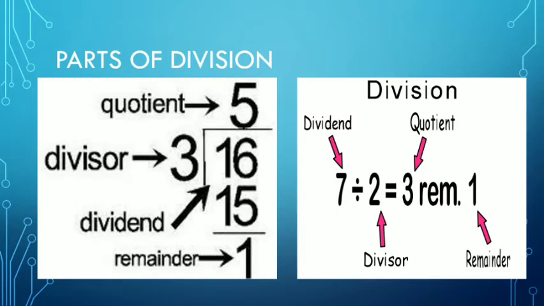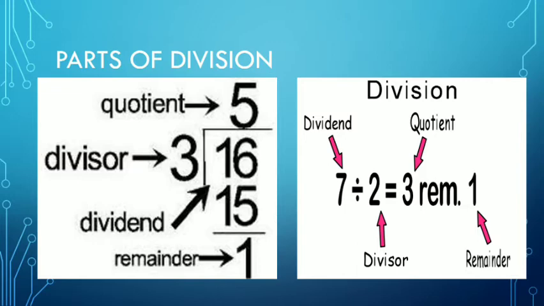Parts of division. A division sum has 4 main parts: dividend, divisor, quotient, remainder.